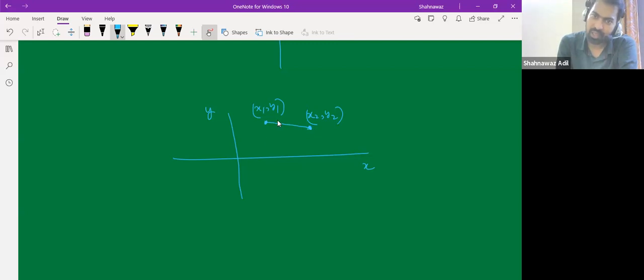Let's say this is point P and this is point Q. We can calculate the distance PQ using the distance formula, which is the subtraction of the x coordinates squared plus the subtraction of the y coordinates squared. This is called the distance formula. Do you understand the distance formula?